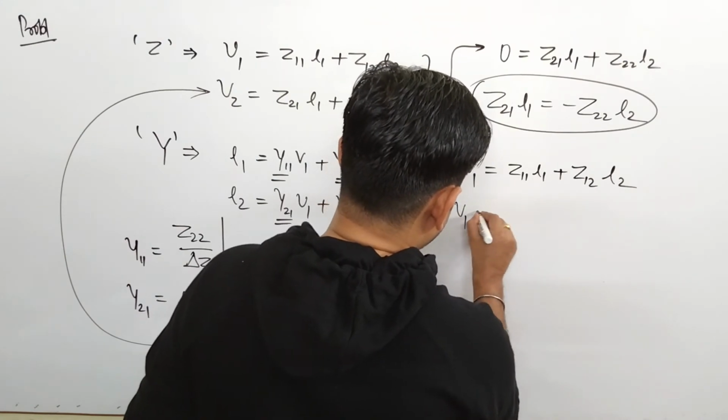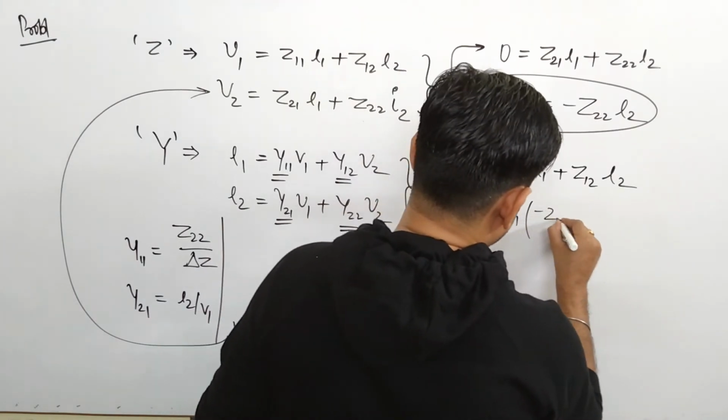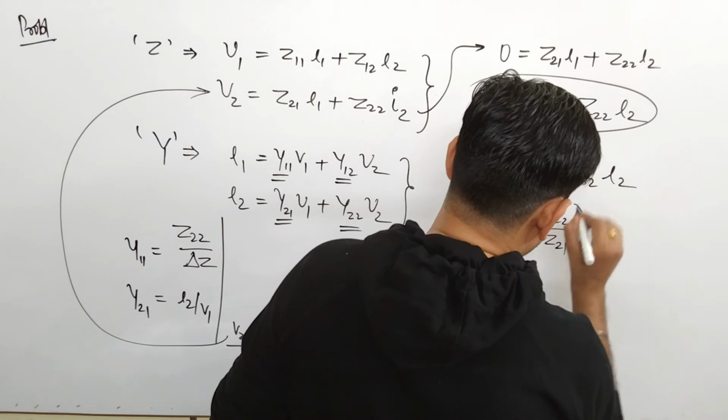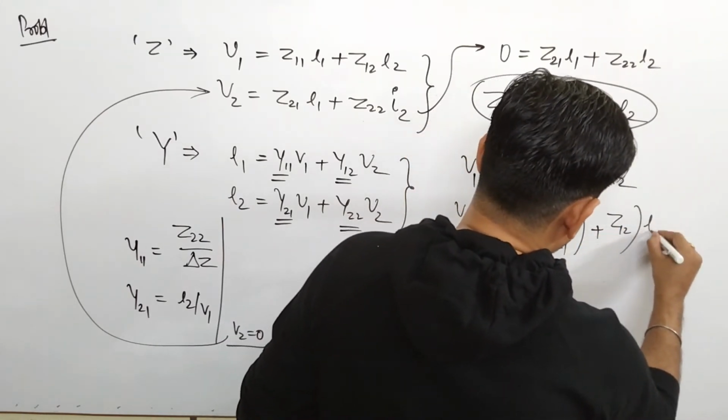So V1 is equal to Z11 into, replacing I1, minus Z22 upon Z21, plus Z12, in bracket I2.